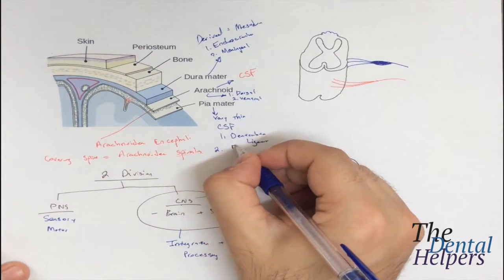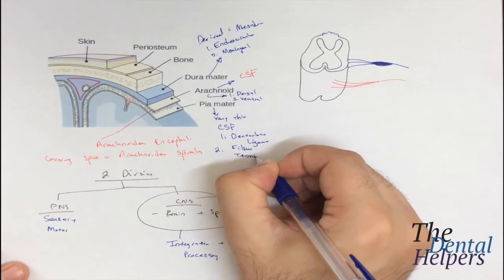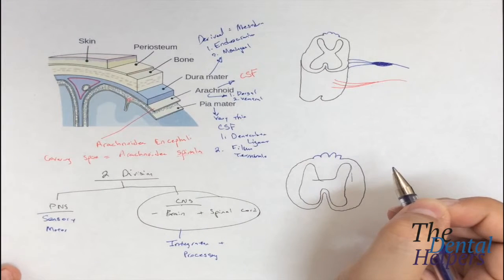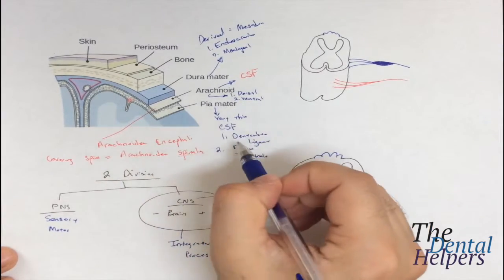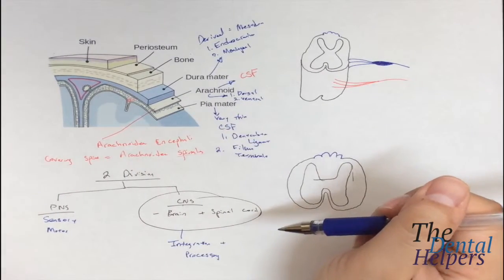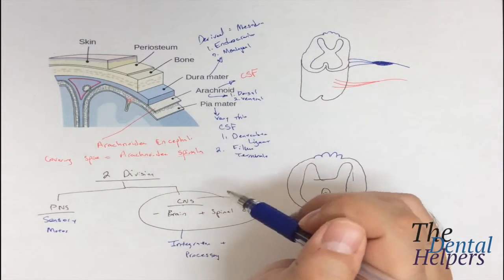And then the second thing is the filum terminale. And this is the inferior extension of the Pia to anchor the cord to the dura inside the sacrum. So basically, we've got the denticulate, which is going to go out, and the filum, which is going to go in terms of how it's going to attach.